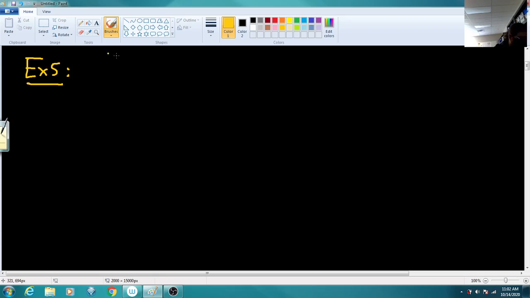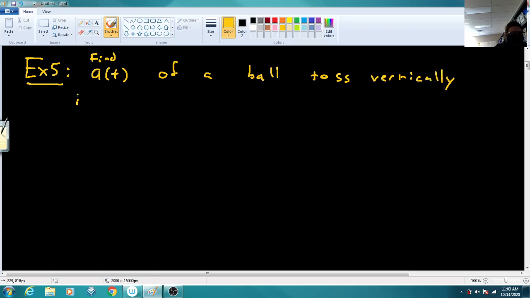This says, the acceleration of a ball: we want to find a of t, the acceleration of a ball tossed vertically into the air with initial velocity 12 meters per second.